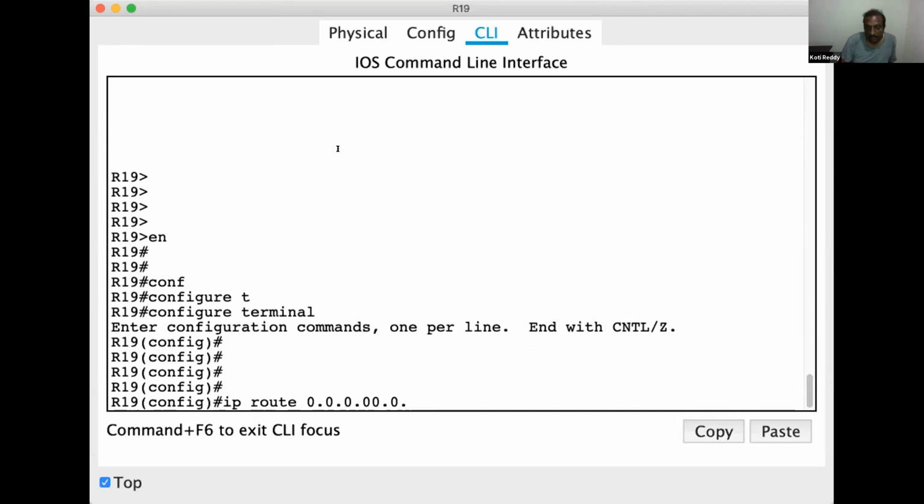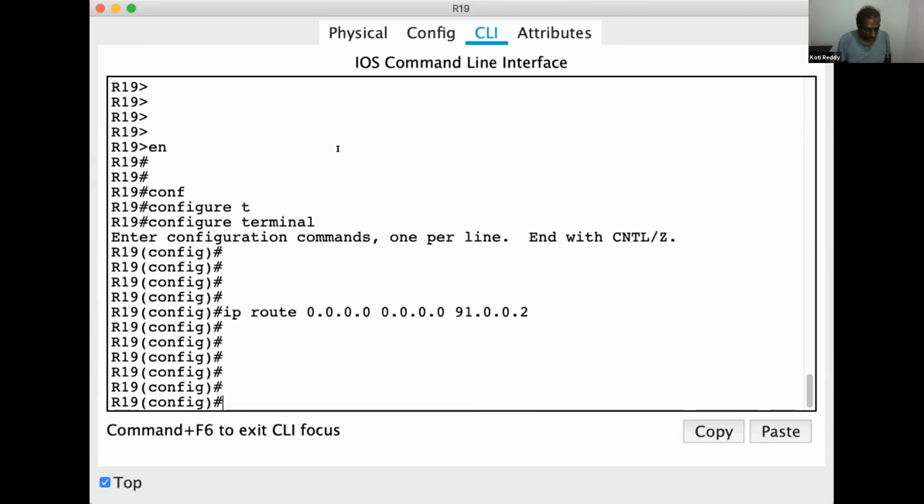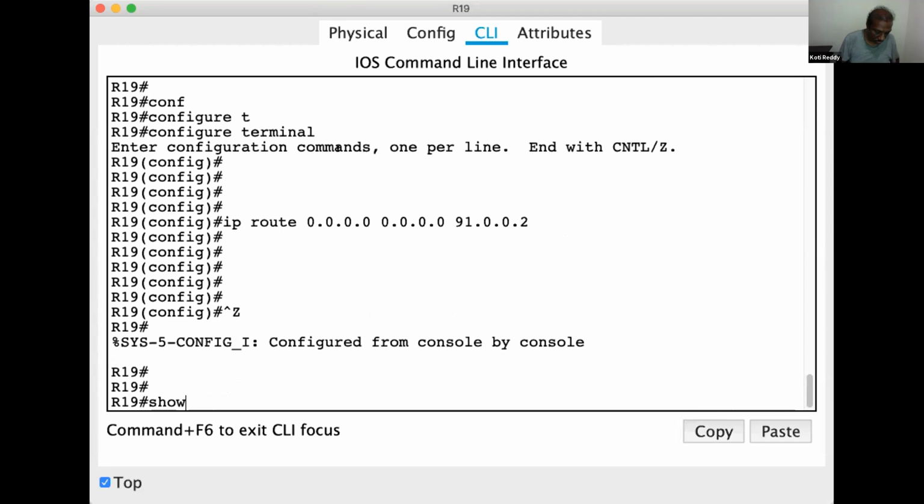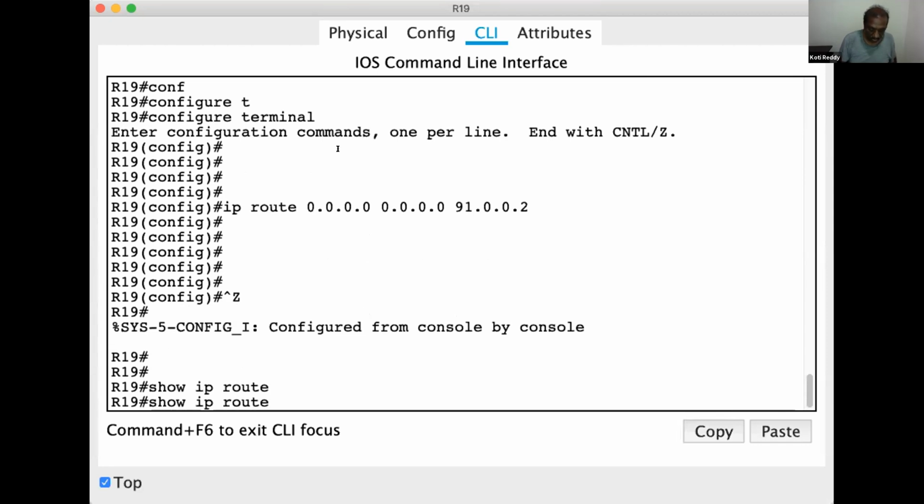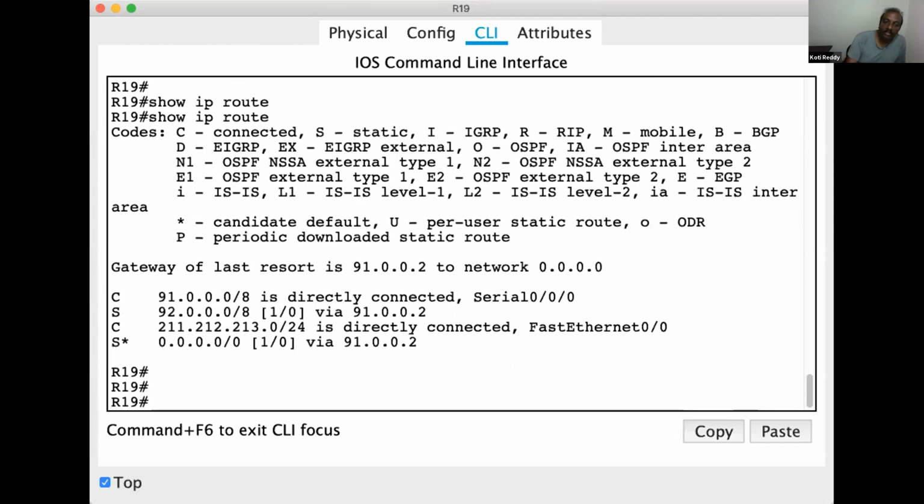Pass on the packet to whom? 91.0.0.2. Again, I go here, I give the command show IP route. I say this default route is routing to 91.0.0.2, right?